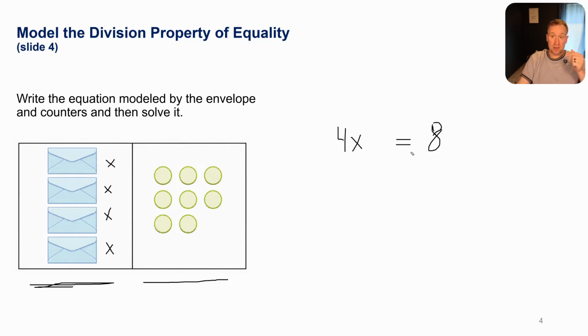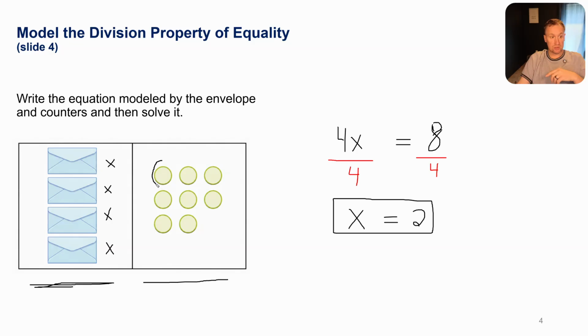The opposite operation of multiplication is your division property, so we can divide by 4 on the left-hand side of the equation and by 4 on the right-hand side, and we end up getting x is equal to 2. In other words, 2 counters go in the first, 2 in the second, 2 in the third, and 2 in the fourth, for your 8 in total.